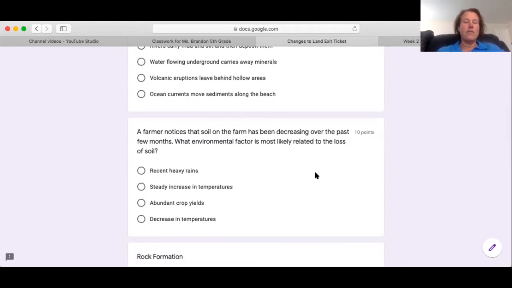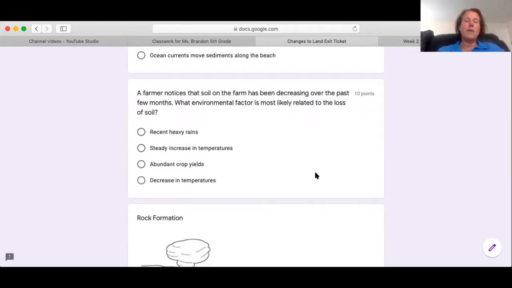A farmer notices that soil on the farm has been decreasing over the past few months. What environmental factor is most likely related to the loss of soil? Recent heavy rains, steady increase in temperatures, abundant crop yields, or decrease in temperature.